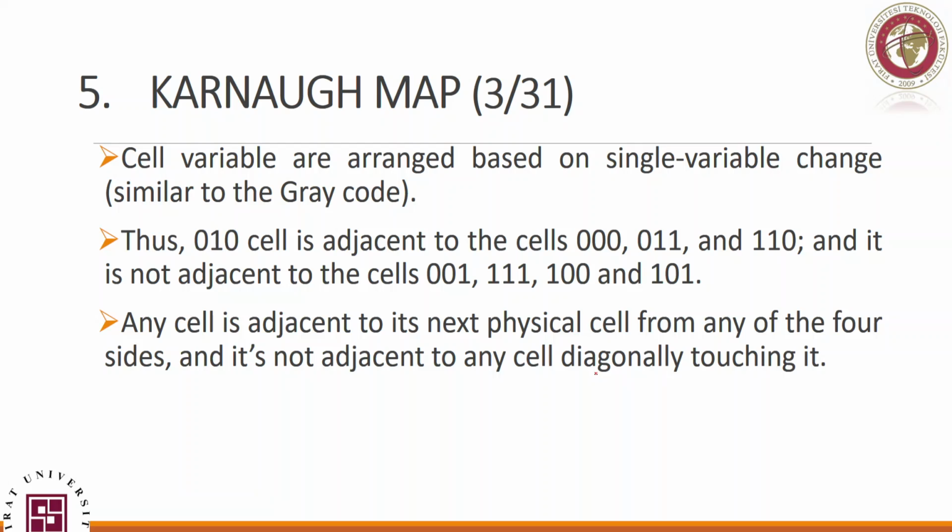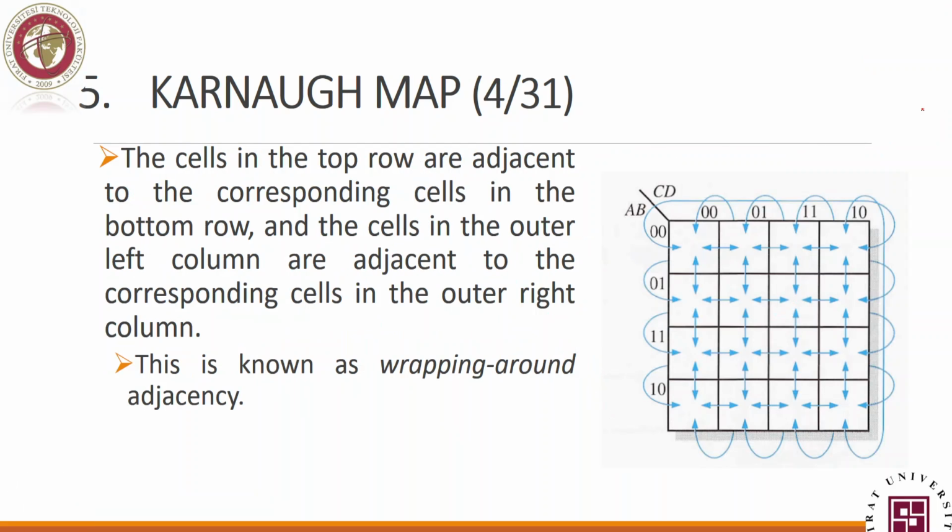That's the idea. All right, now look at this. You can wrap around. This one is adjacent with this, it is possible. This one is adjacent with this is also possible. They are adjacent in terms of horizontal movement. This one is adjacent with this one, vertical movement. This one is adjacent with this one, but not this. The same goes to this side. This one is also adjacent with this one. We can wrap it around.